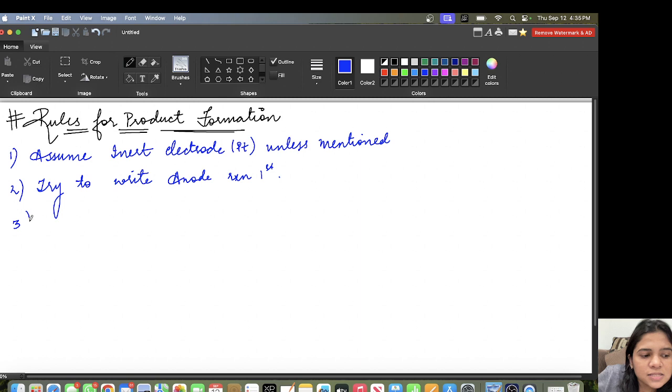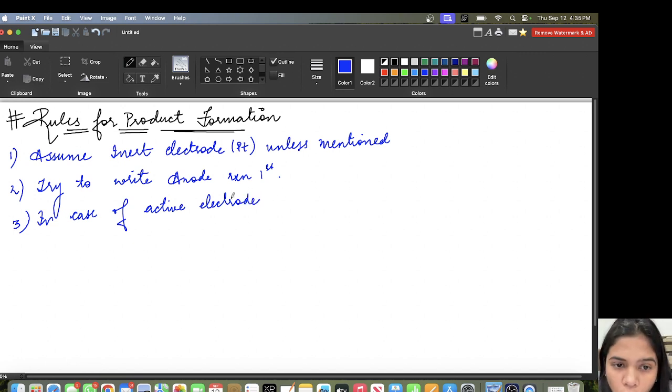The third thing is, in case of active electrode, all reaction will stop. Active electrode means something which is participating in the reaction.